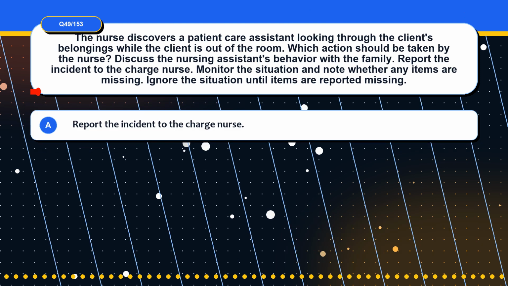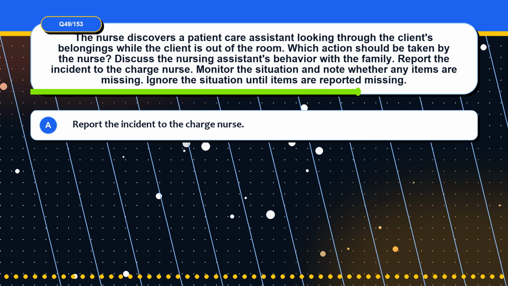Question 49. The nurse discovers a patient care assistant looking through the client's belongings while the client is out of the room. Which action should be taken by the nurse? Discuss the nursing assistant's behavior with the family. Report the incident to the charge nurse. Monitor the situation and note whether any items are missing.